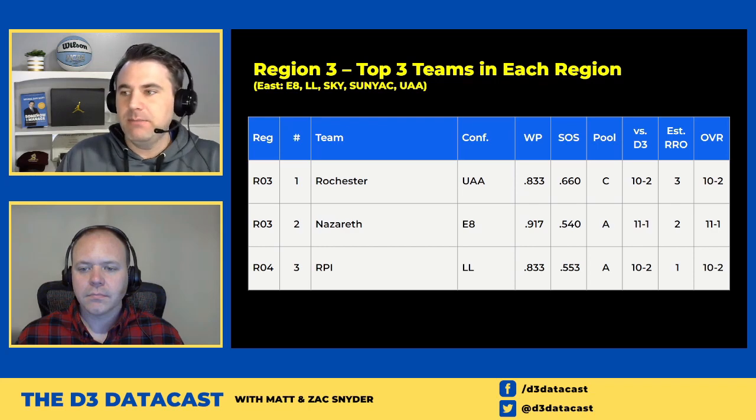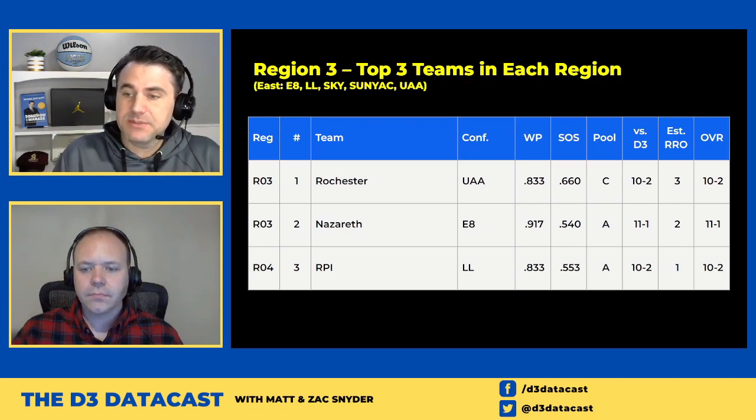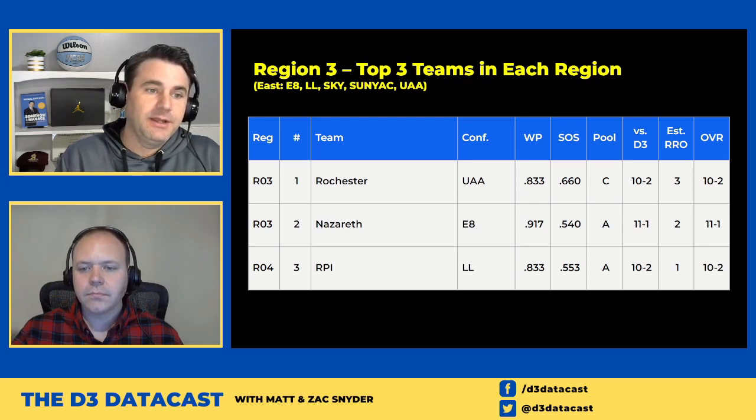Games that are already in the bank for these teams that they can already count on, or hopefully count on converting into regionally ranked wins once those rankings come out. So Nazareth, I think they're also maybe in the hosting mix. Number 2 in Region 3, I think their criteria is strong, and I think they could find themselves hosting a pod at the end of the year if things all work out.